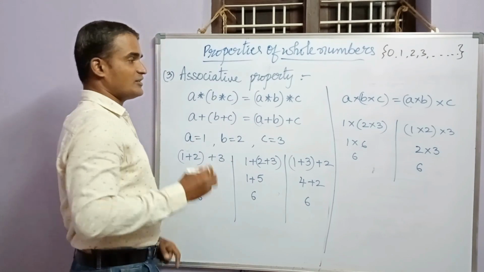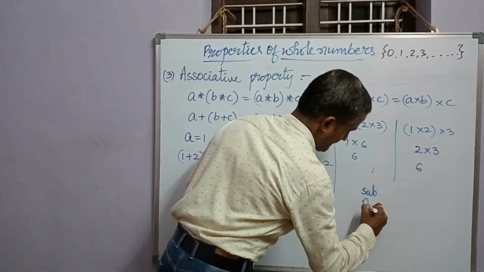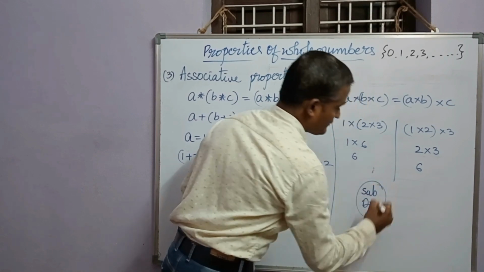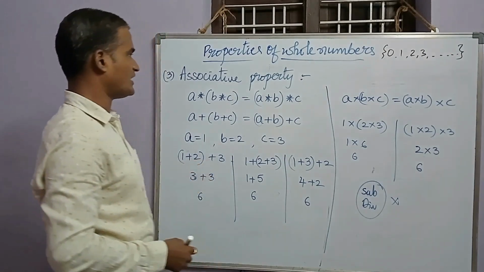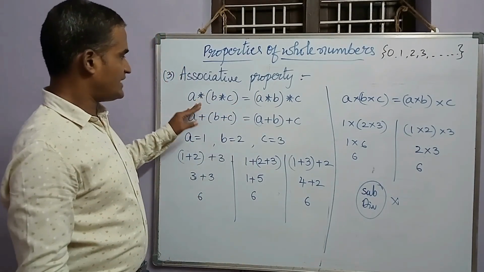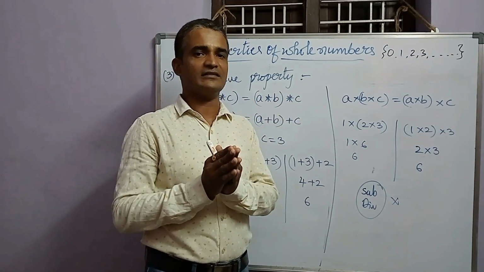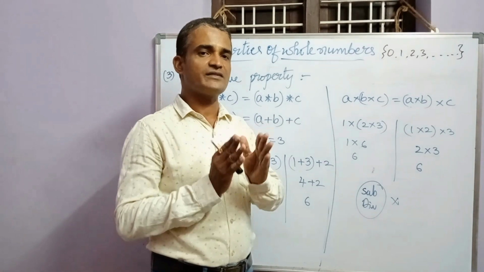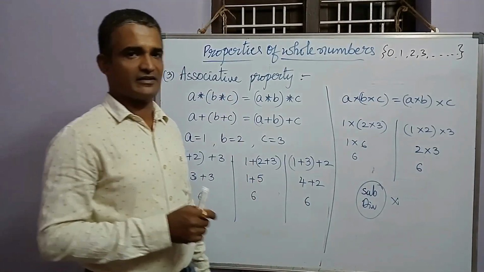But if you check under subtraction and division, these both will not satisfy the associative property. Any three numbers you add or multiply in any order, the answer will always be the same. This is called the associative property.